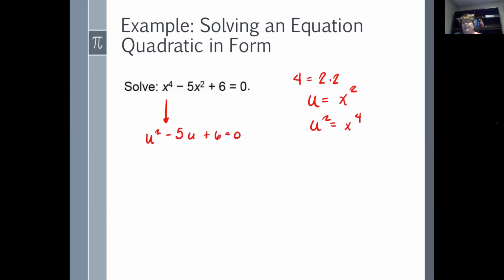And then now I solve this by factoring it. We have u. They're both going to be minus because the middle term is negative and the last term is positive. I need 2 factors of 6 that add to 5. That would be what, 3 and 2? Now I'm going to solve the resulting equations.